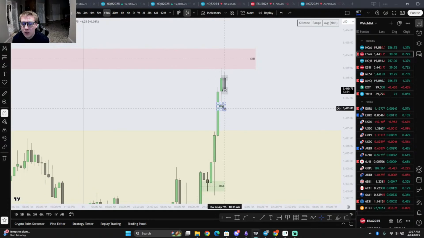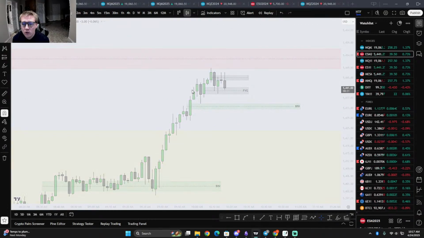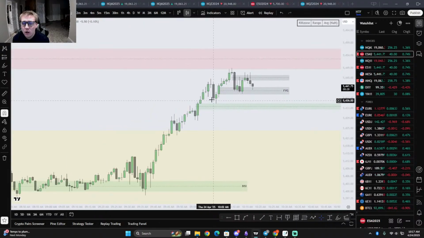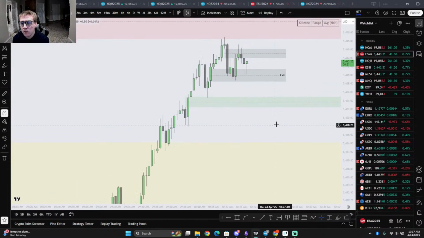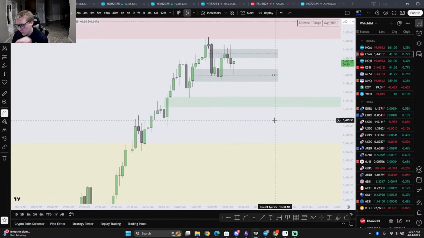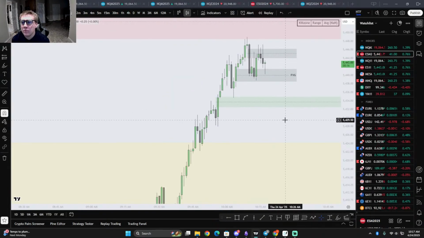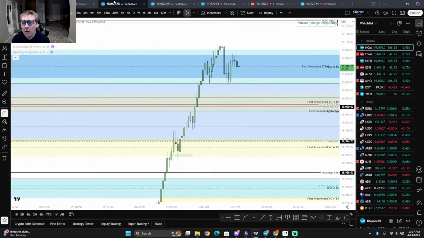Obviously, ES has that 15-minute fair value gap, this low. This low is a fair value gap high, so that's likely a candidate to trade into. Again, using this one as discount and this as premium, just consolidating there.